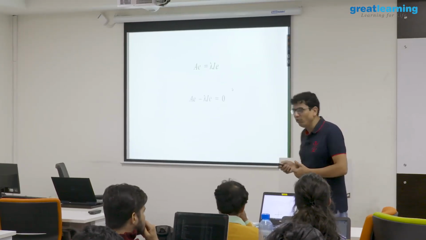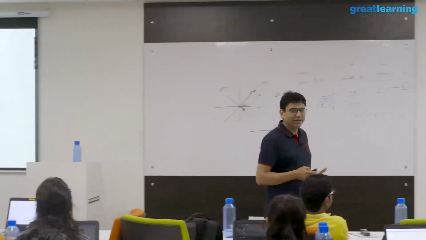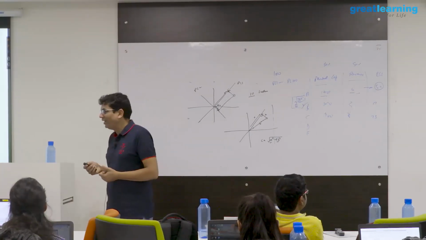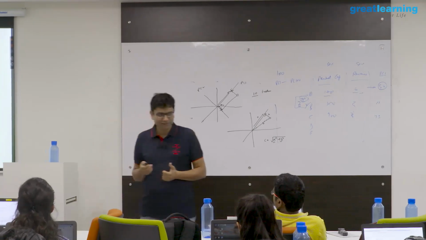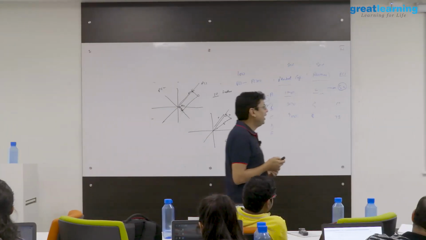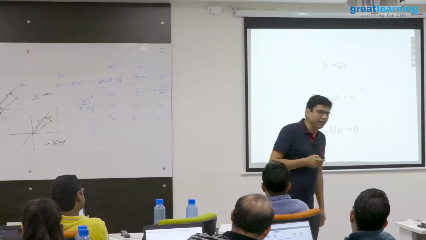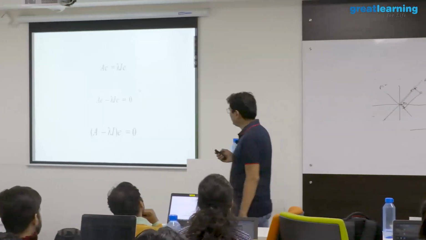So of course we can move it to one side, just like a 7th or 8th grader would, and get 0. So what should be 0 here? A minus lambda I has to be 0, because E cannot be 0.